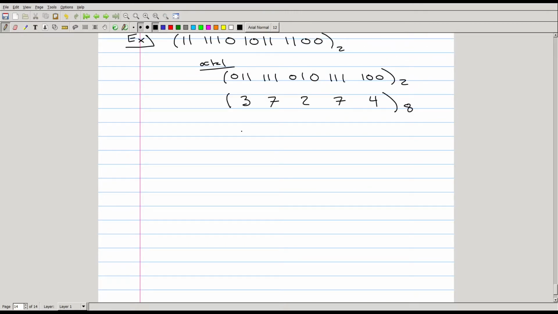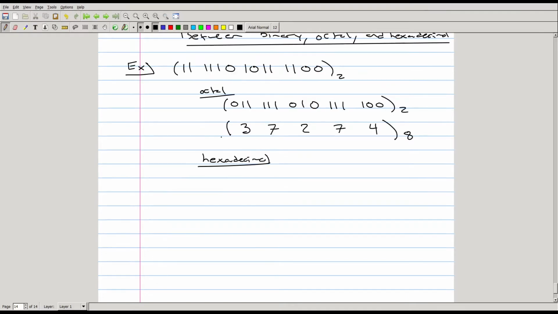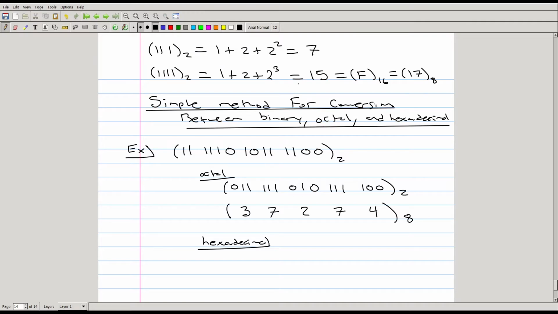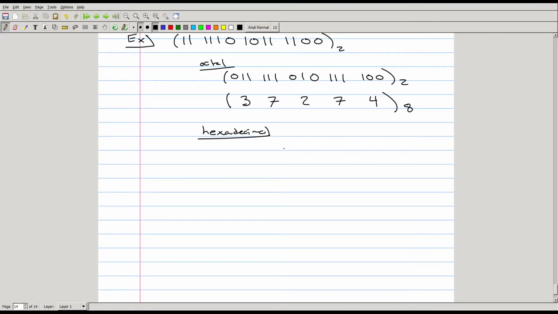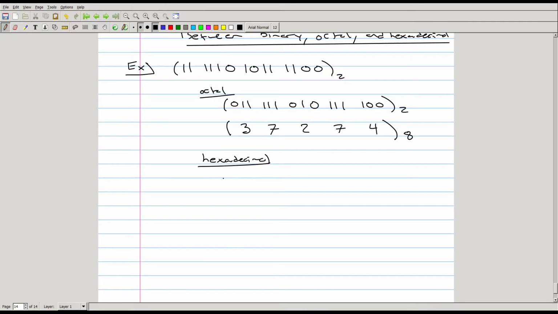And there's a directly similar procedure for hexadecimal. This is directly using these two things that I showed before. 1111 is 15, just our number F. So for hexadecimal, instead of grouping in threes, we group in fours with extra 0 padding on the end if we have to.